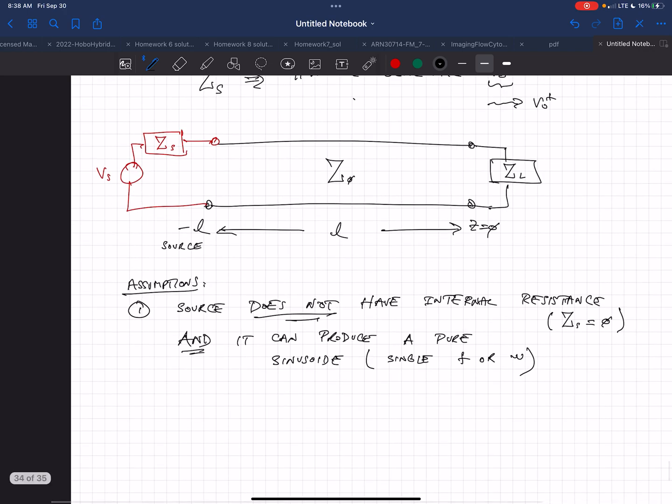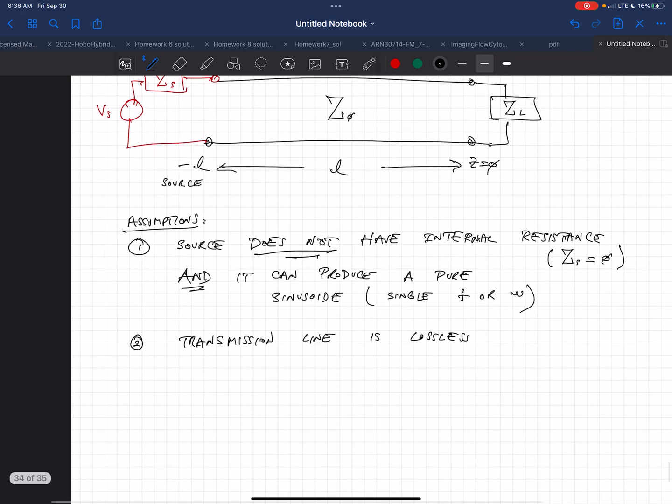The second assumption is that the transmission line is lossless. We've been dealing with that so far, which means it only has inductance and capacitive components.